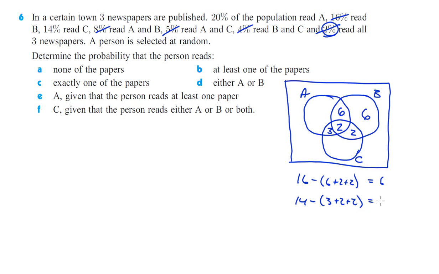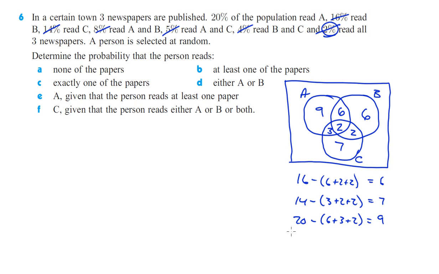So 14 minus 7 gives us 7. So that's going to be those. And then 20% read A. So that's going to be 20 minus 6 plus 3 plus 2. 6 plus 3 plus 2 is 11. 20 minus 11 gives us 9.